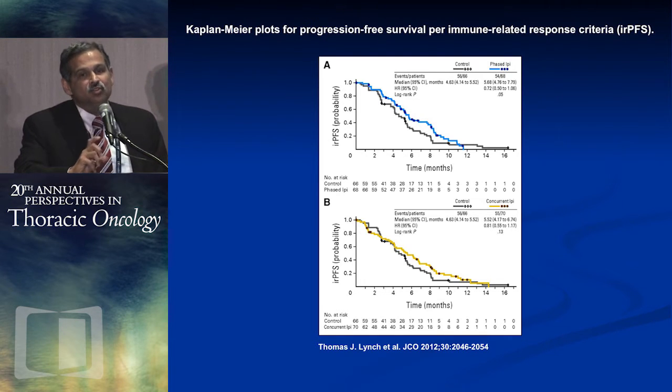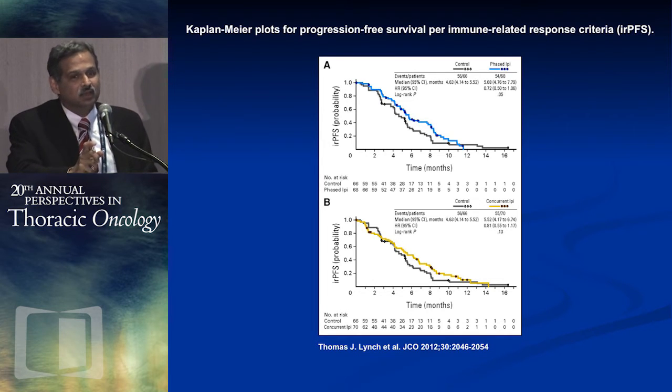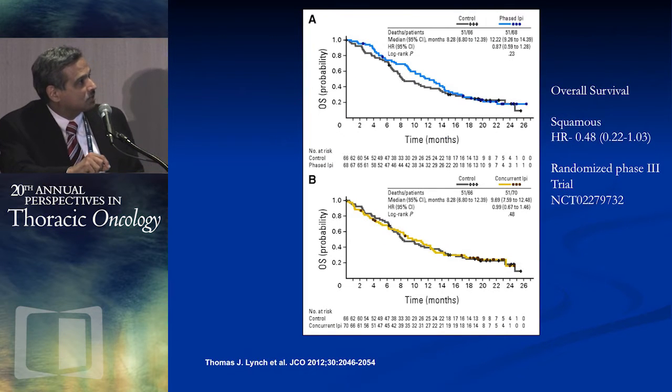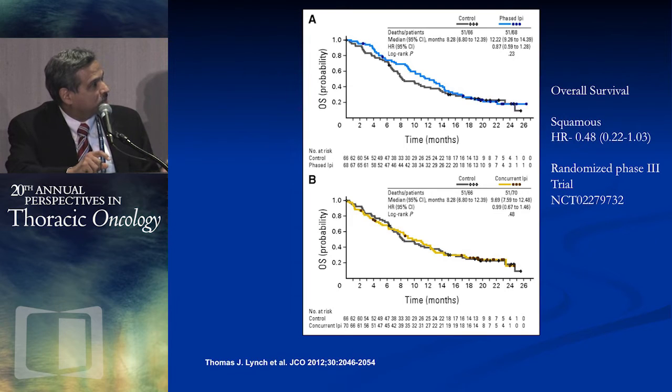Now, did starting the ipilimumab with the third cycle really make a difference in terms of the steroid interaction? Unclear. When you look at the overall survival, there was a hint that in the overall population there was a benefit with the phased-in ipilimumab, but there was no benefit in the concurrent ipilimumab arm compared to the chemotherapy-only arm.